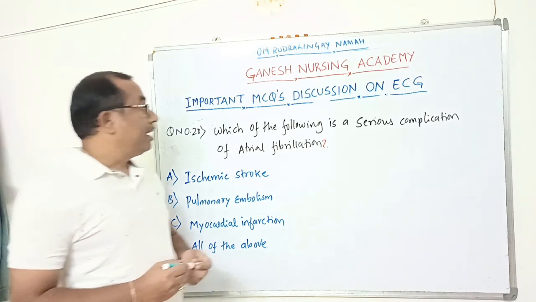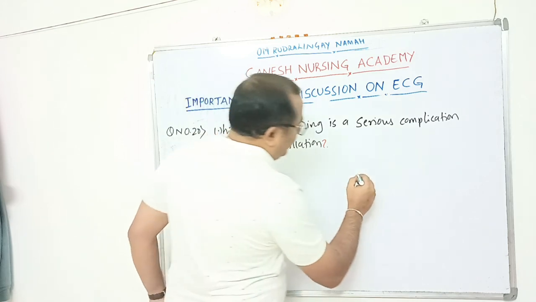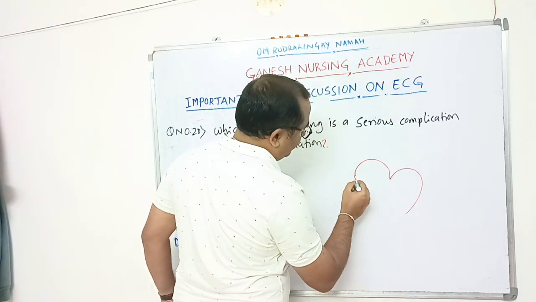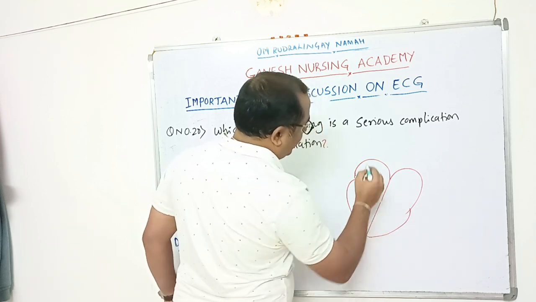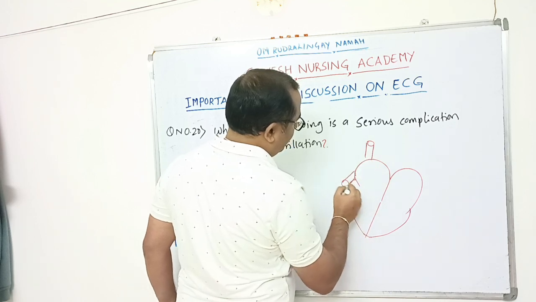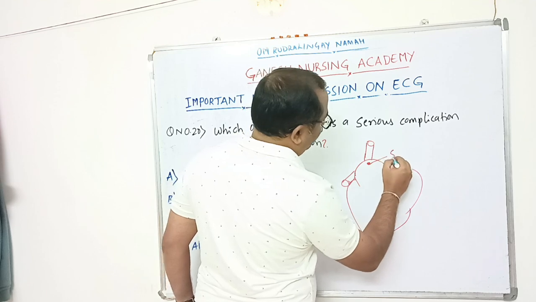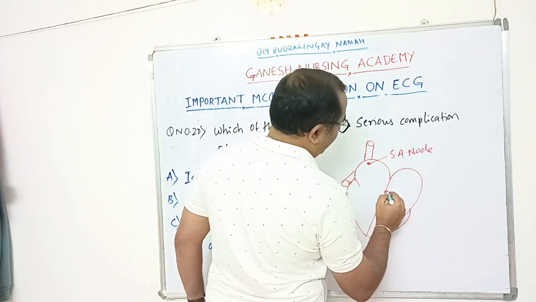Okay. So what happens here in case of atrial fibrillation? Okay. So in atrial fibrillation, this is the SA node, and this is the AV node.